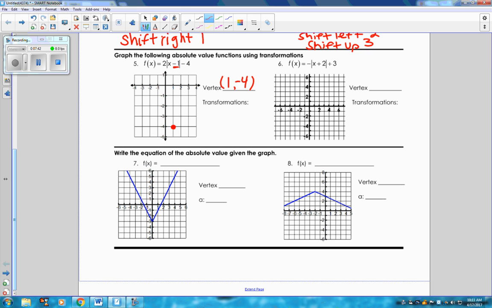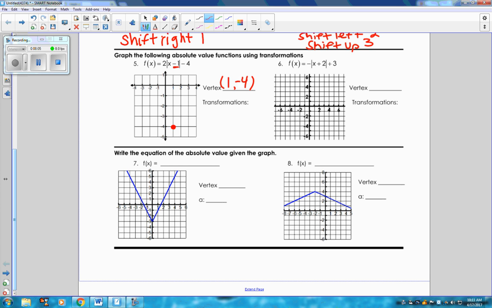If I plug in 2 into my equation, I'm going to have 2 times the absolute value of 2 minus 1. 2 minus 1 is 1. The absolute value of 1 is 1, 2 times 1 is 2. 2 minus 4 is negative 2. Are we good?